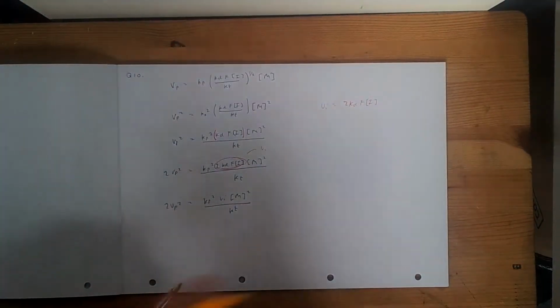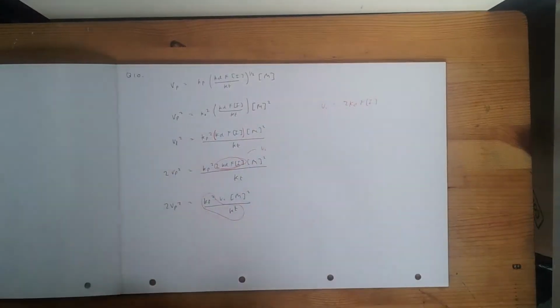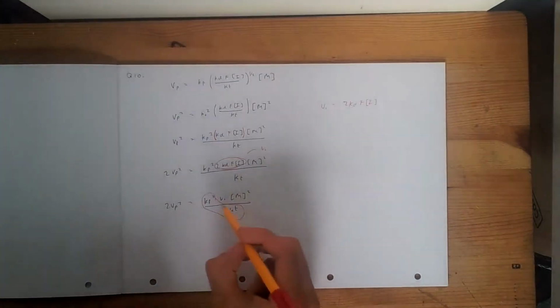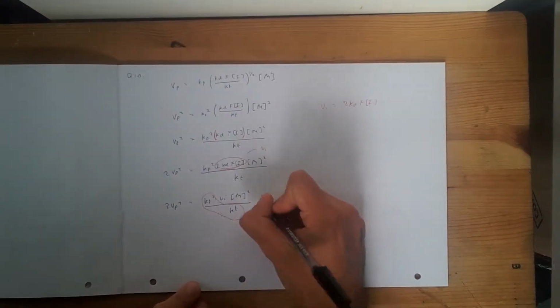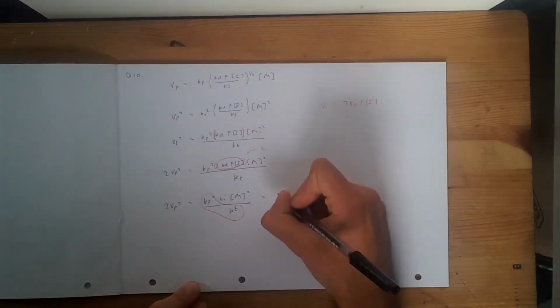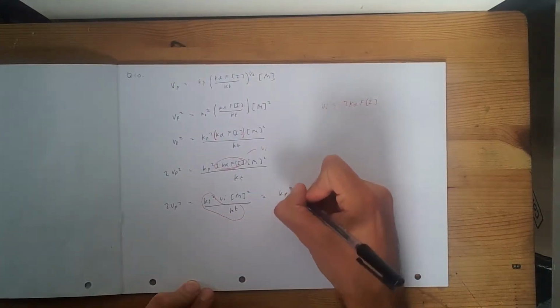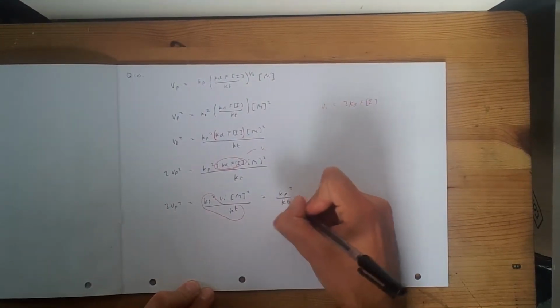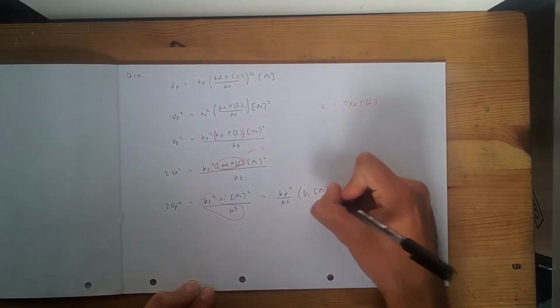Our objective is to make this the subject of the formula. We can remove the Vi m squared from the fraction, so we just have the Kp squared over Kt, and then in brackets we have Vi m squared.